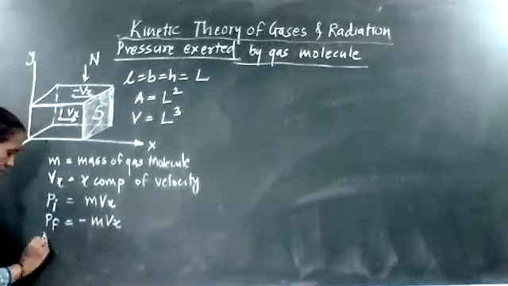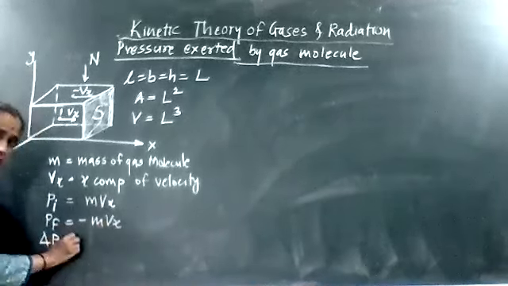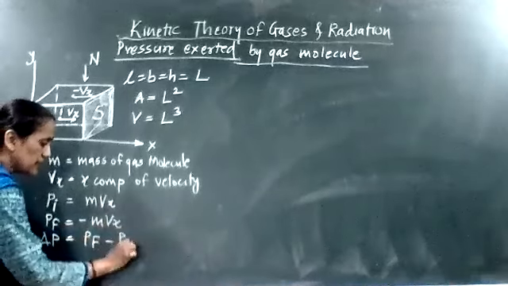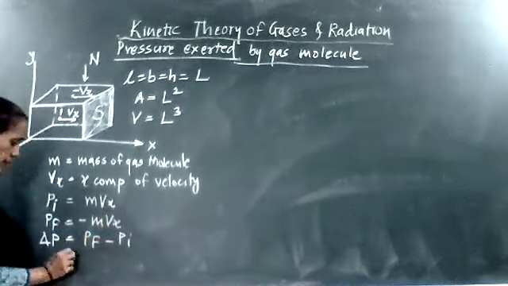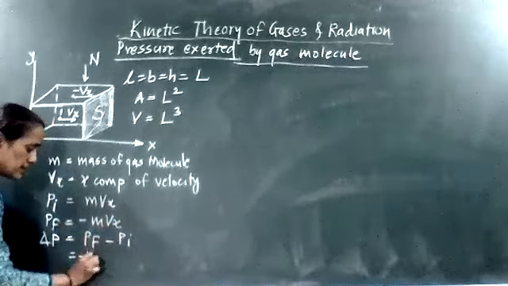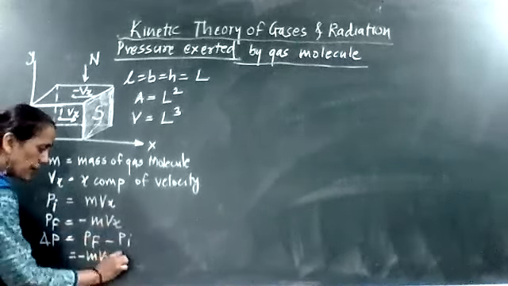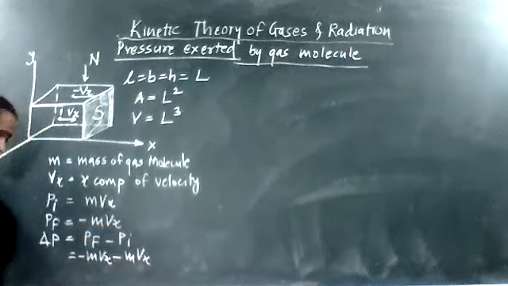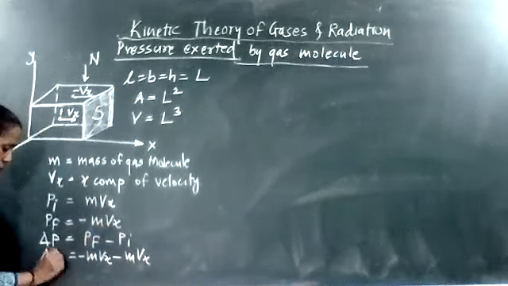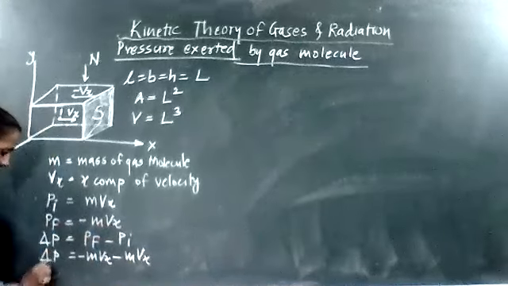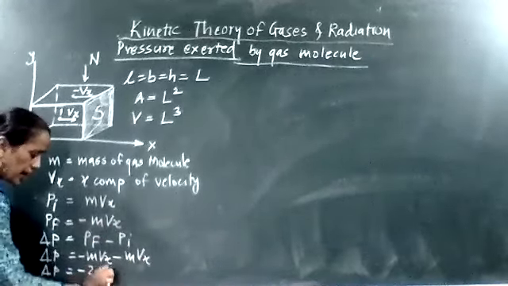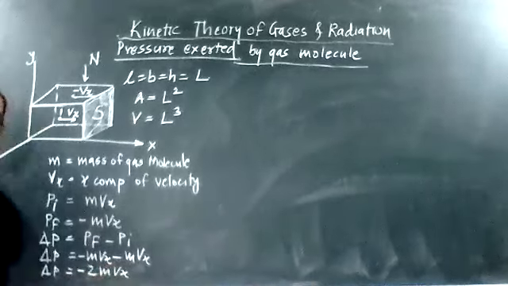Therefore, the change in momentum, delta P, is nothing but final momentum minus initial momentum. Your final momentum is minus mvx, and the initial momentum is mvx. This means the change in momentum becomes minus twice m into vx.